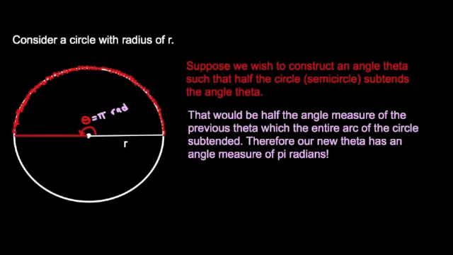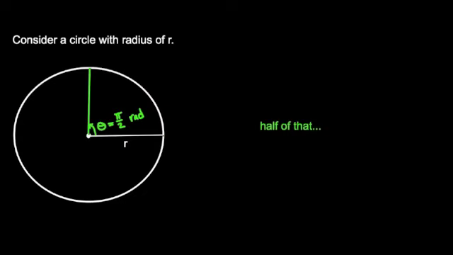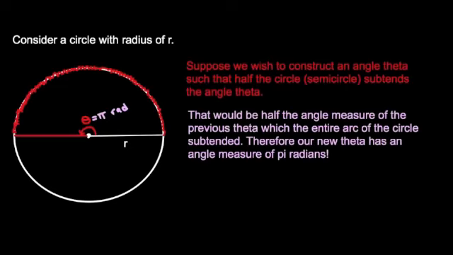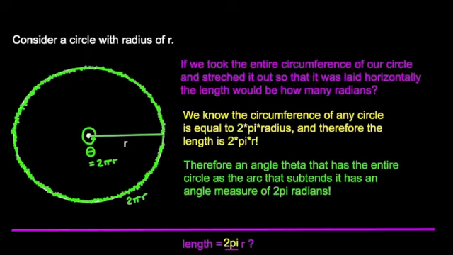So here theta is pi radians because it's half of 2 pi radians. Half of that is pi over 2 radians. Half of that is pi over 4 radians. I think that you're getting the pattern here. But it all goes back to the fact that if the arc of the entire circle subtended that angle, it would be equal to 2 pi radians.